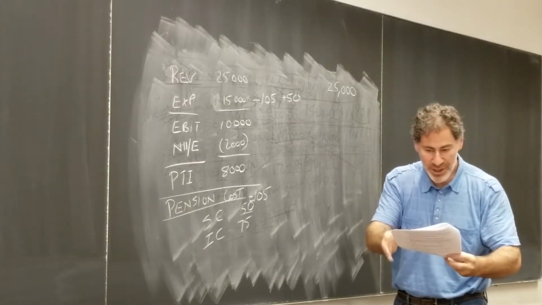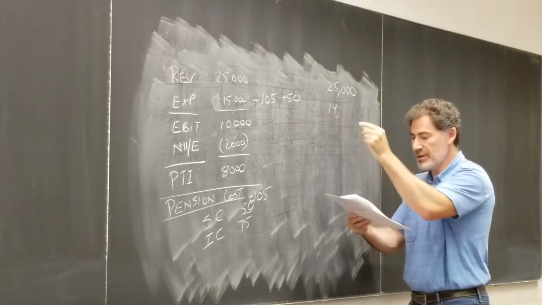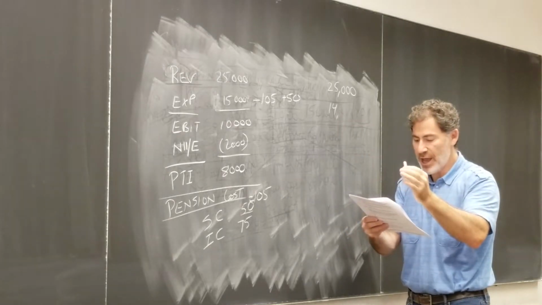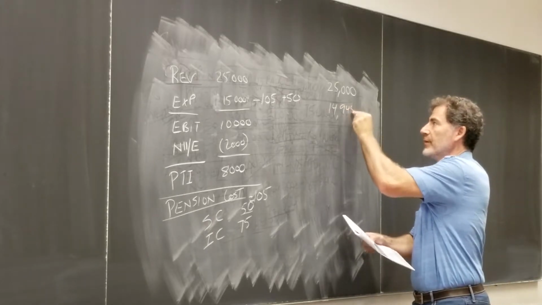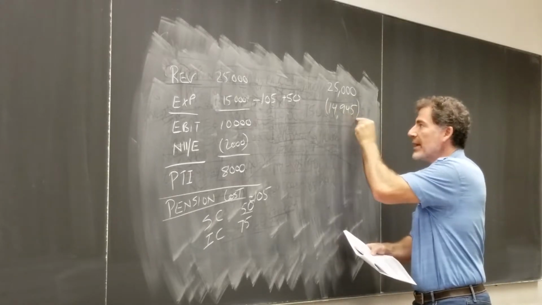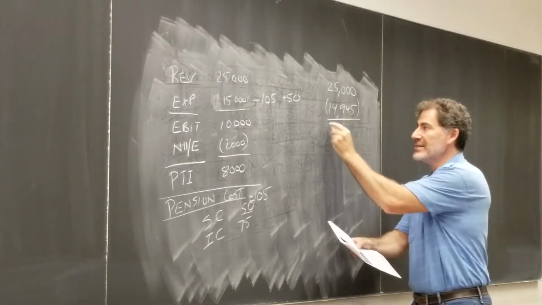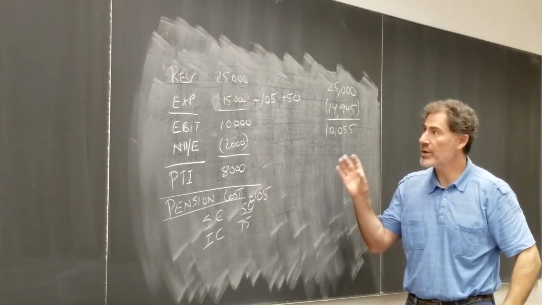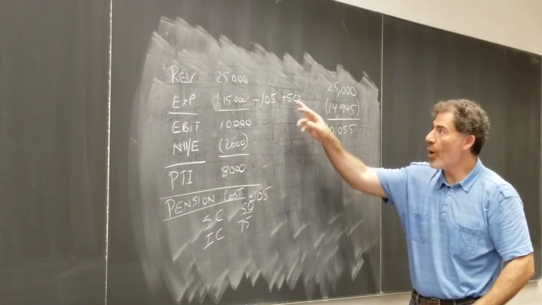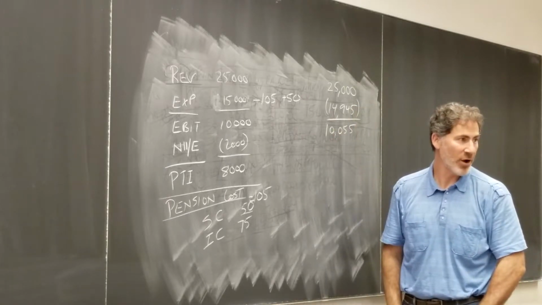Okay, so once we do this, we now have 14,945. So now we can get down to our operating income, which is 10,055. So the first thing that we notice is by only including the service cost, the operating income has gone up.